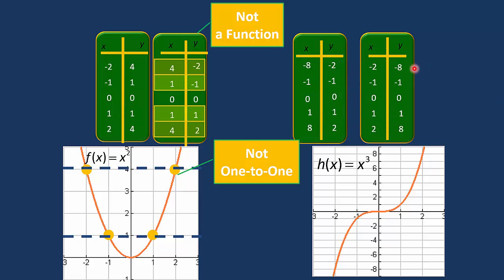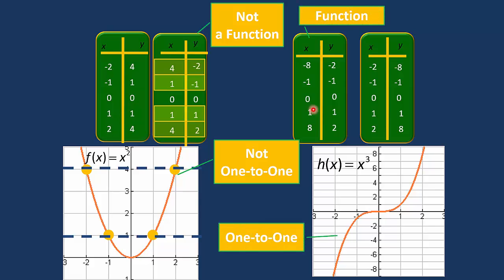The y's over here become the x's here, and the x's here become the y's. Now, notice that in both cases, we do have a function. This over here is a function. Every x corresponds to one and only one y. And we say when this happens, we have a one-to-one function.